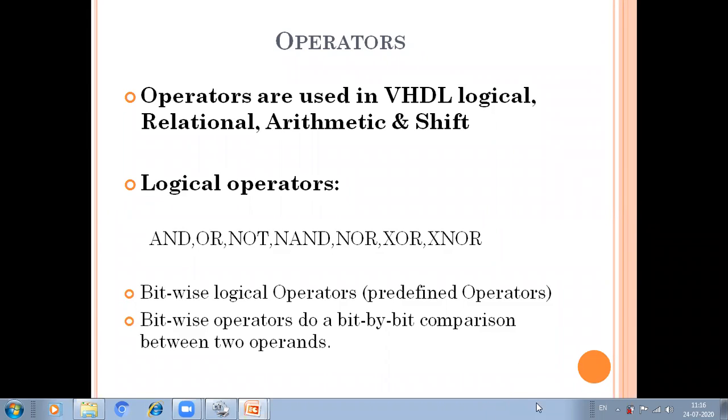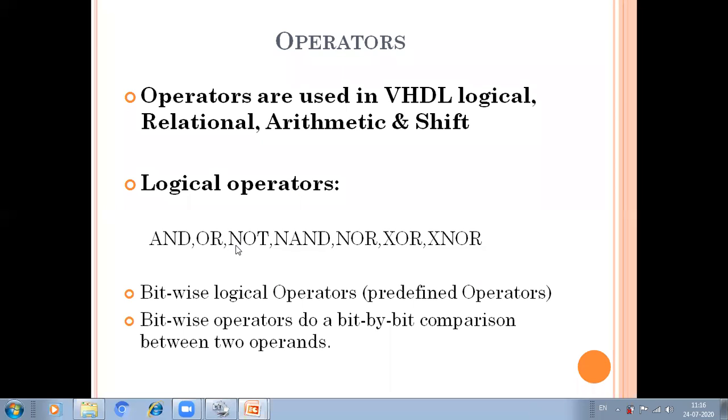VHDL supports different classes of operators that operate on signals, variables, and constants. To summarize, the classes are logical, relational, shift, and adding and multiplying, which come under arithmetic, and one of the important ones, the shift operator. First is the logical operator.